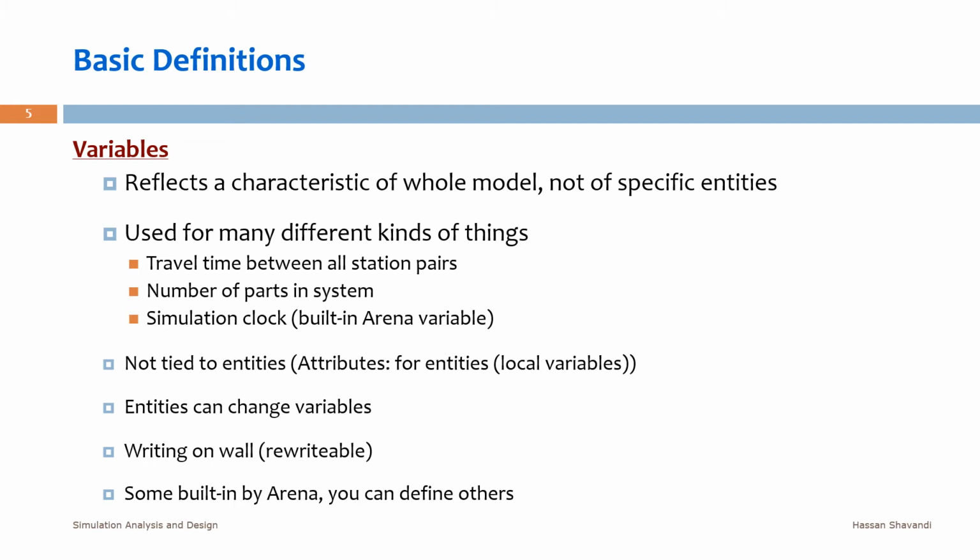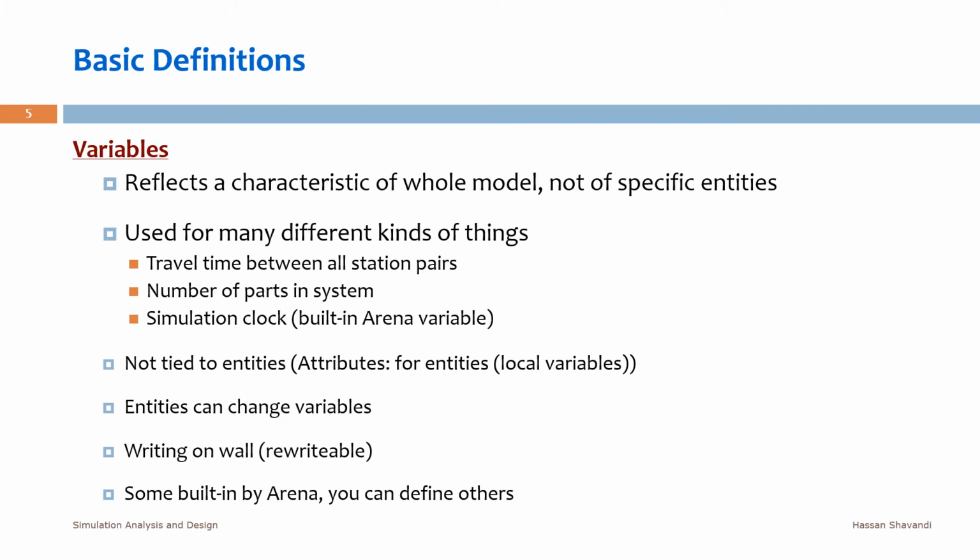If we have a system where a customer or an entity should travel between some stations, then the travel time is of interest to see how it varies over time, right? And then we may take an average over a period of time, and that will be our performance measure for the system, right? So here we define this as a variable.